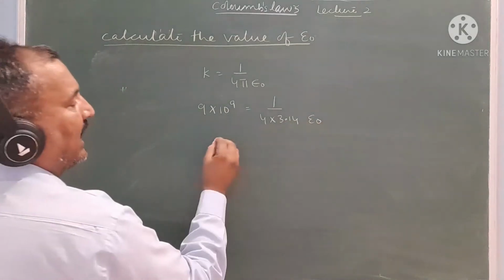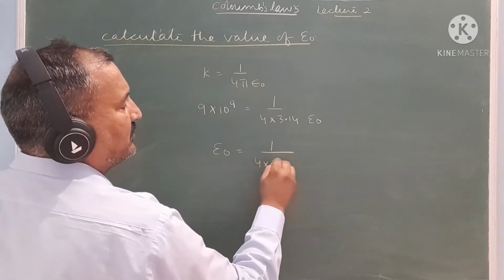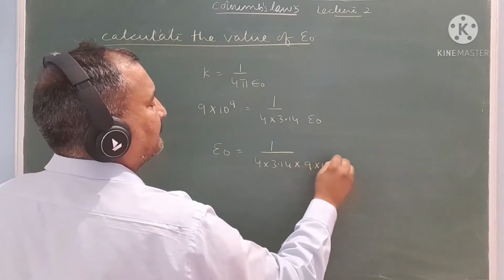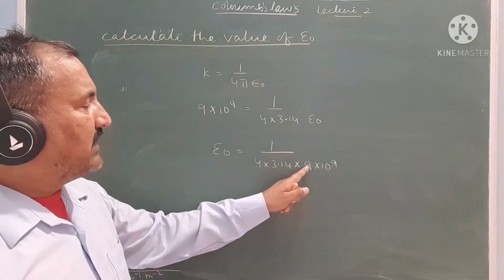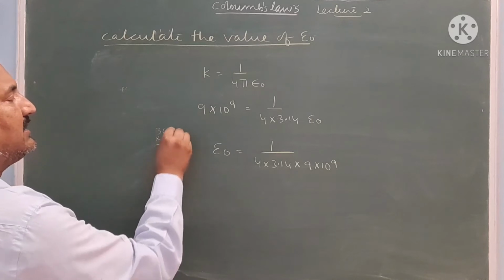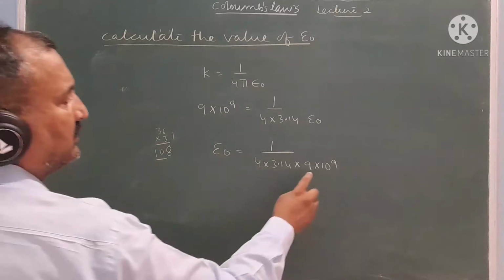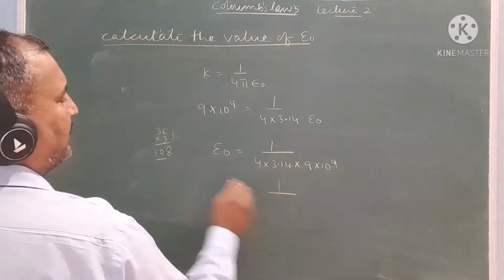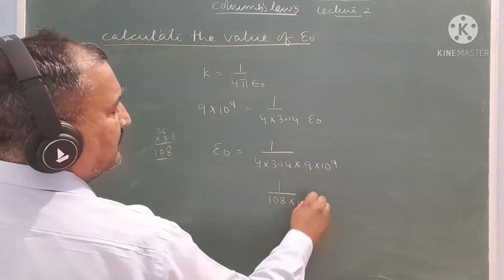Now epsilon 0 is equal to 1 upon 4 into 3.14 into 9 into 10 raised to 9. Understood? This becomes 9 4s are 36, 36 into 3.14 is approximately 113, so we can write 113 into 10 raised to 9.